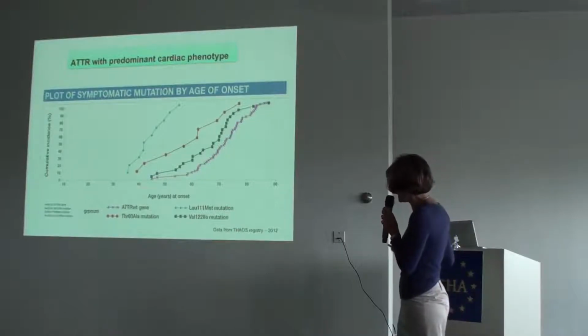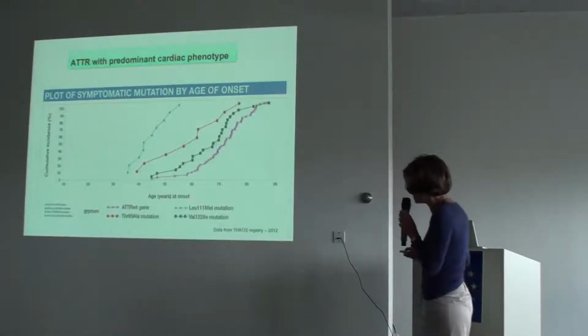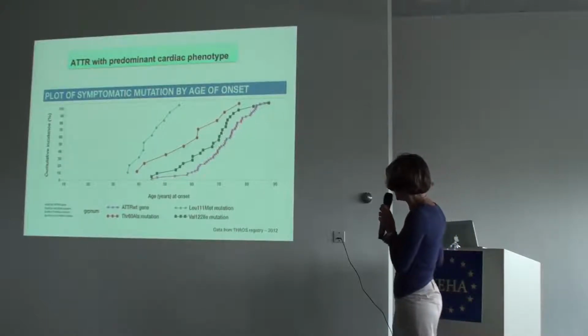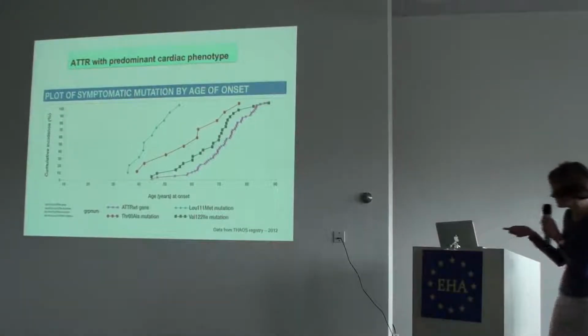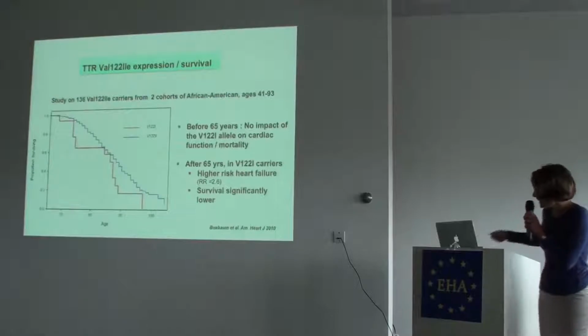So clearly, when there is a cardiac expression, this inherited disease is associated with aging and with an age process. Please note here that we have this curve of patients that we will see in a minute, which is the senile systemic patients.